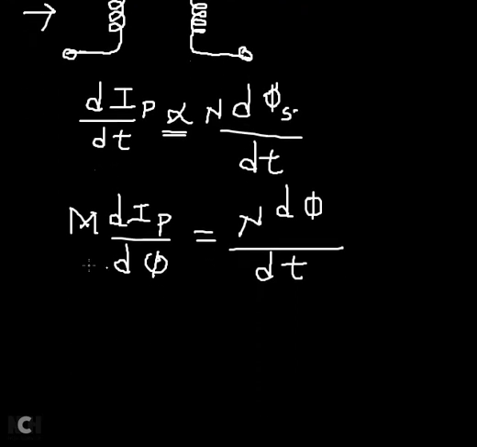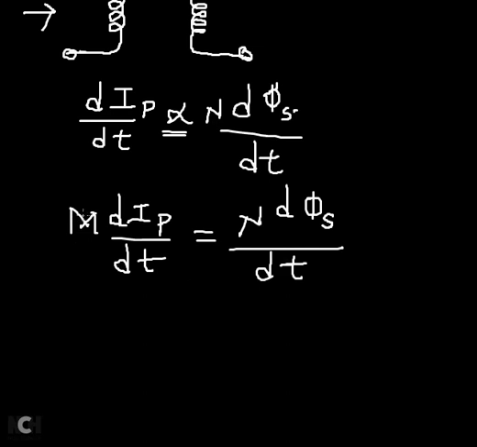So when I vary the current of the primary with respect to time, then definitely the flux linking the secondary will actually vary with respect to time.